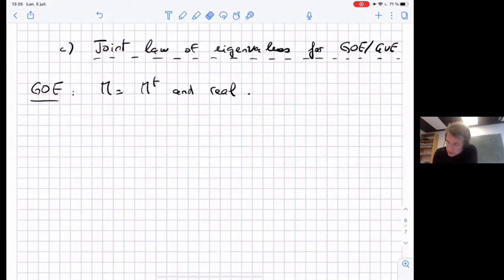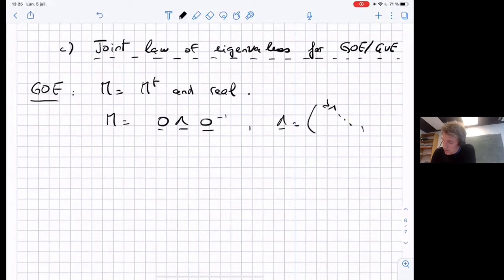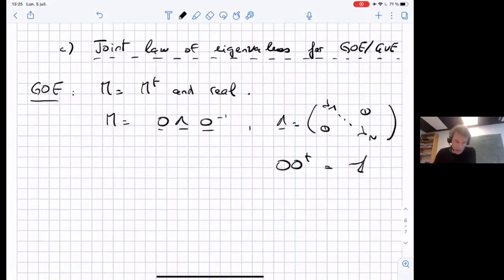So I know that I can write M under this form, O lambda O transpose, or O minus 1, with again lambda diagonal, and O O transpose is just the identity.